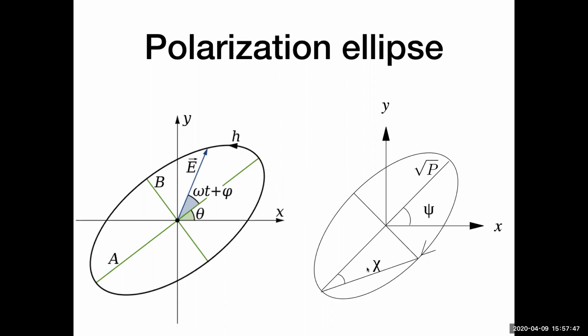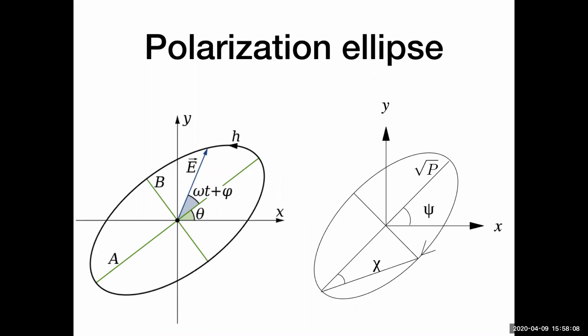So it's a bit of a weird substitute for a semi-minor axis, but it's easy enough to define mathematically. And then again, a tilt angle, a polarization orientation angle. This combination turns out to be kind of interesting in terms of its mathematical properties.